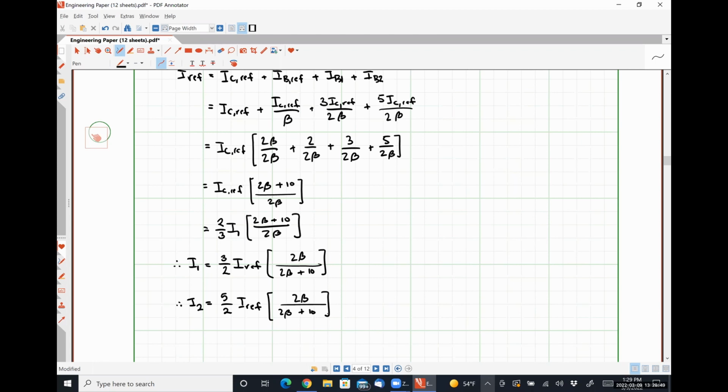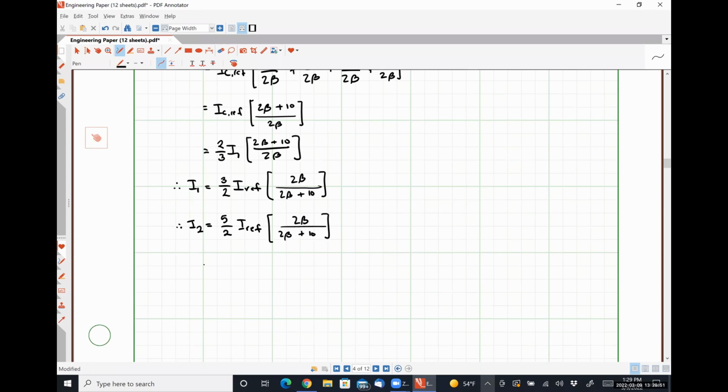From this, our error E for our copy currents is just 1 minus twice beta over twice beta plus 10, which comes out to be 4.762. So our currents are 4.762% smaller than we would expect because of the number of transistors that we have connected. Everybody okay with this example?